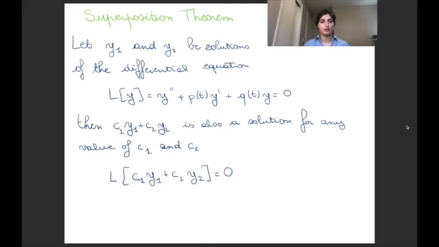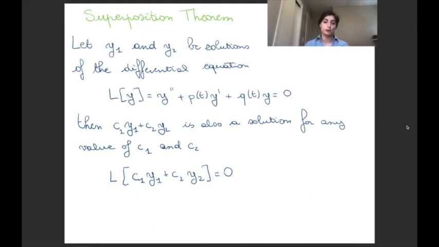So we have taken the differential operator of a second order ODE, possibly with non-constant coefficients, but we want it to be linear. If we have two solutions for this ODE, then c1 y1 + c2 y2 is also a solution for any value of c1 and c2.